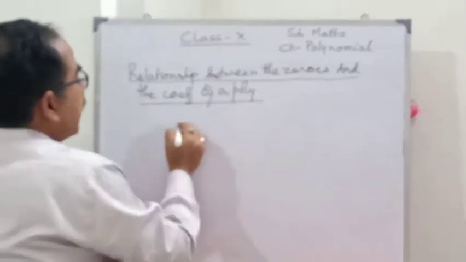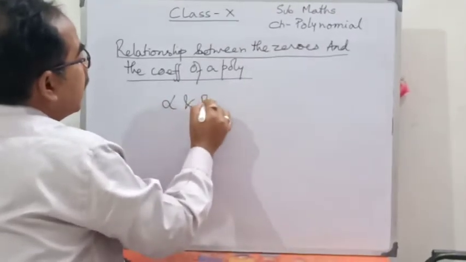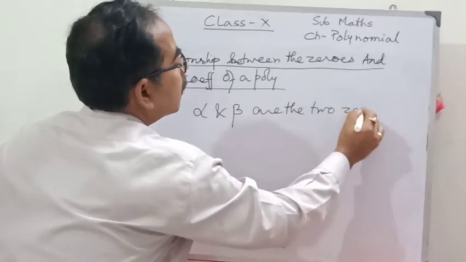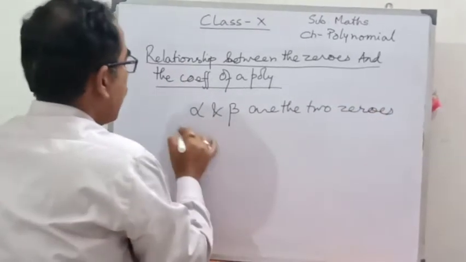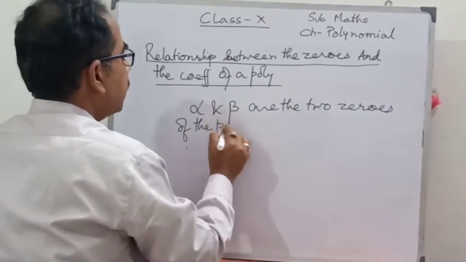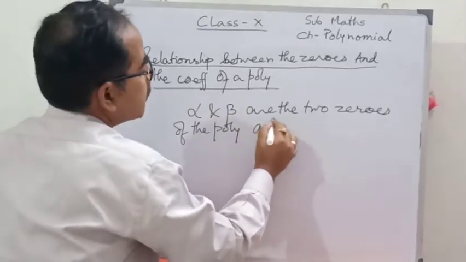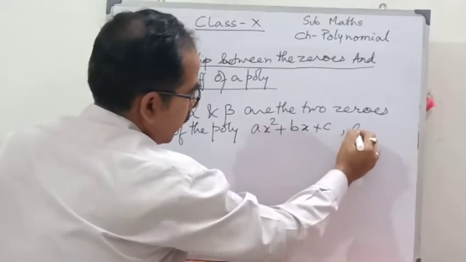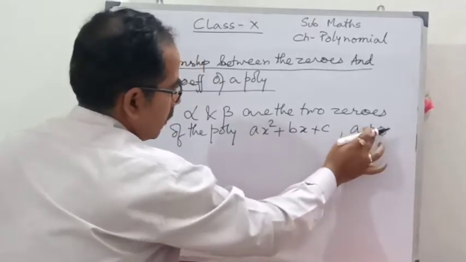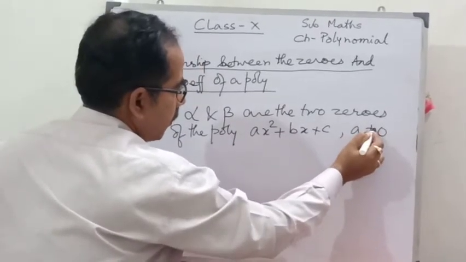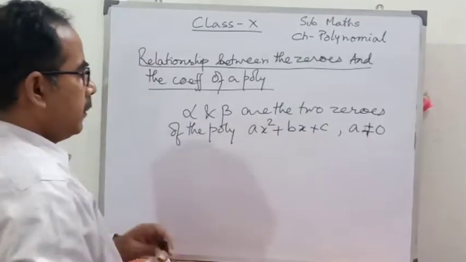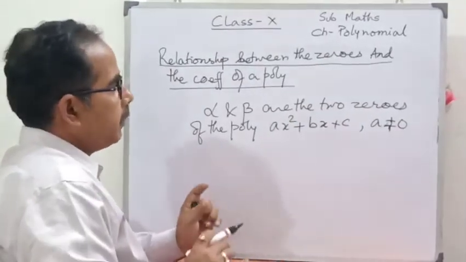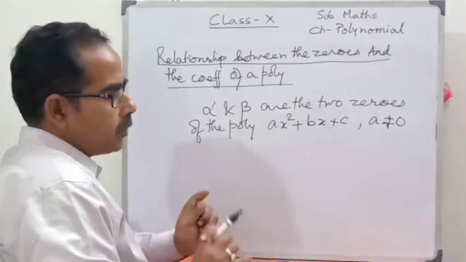Let us suppose alpha and beta are the two zeros of the polynomial, for example, ax square plus bx plus c, obviously where a is not equal to 0. This is a conditional part. Alpha and beta are the two zeros. Then what will be the relation between the zeros and the coefficients of the polynomial? Two things are there.